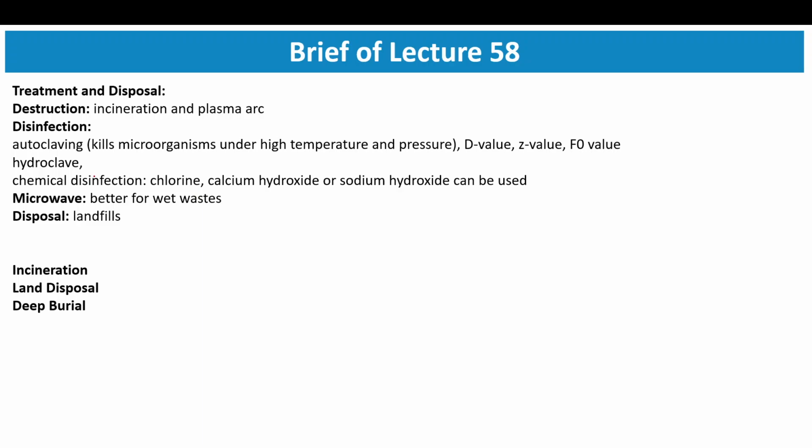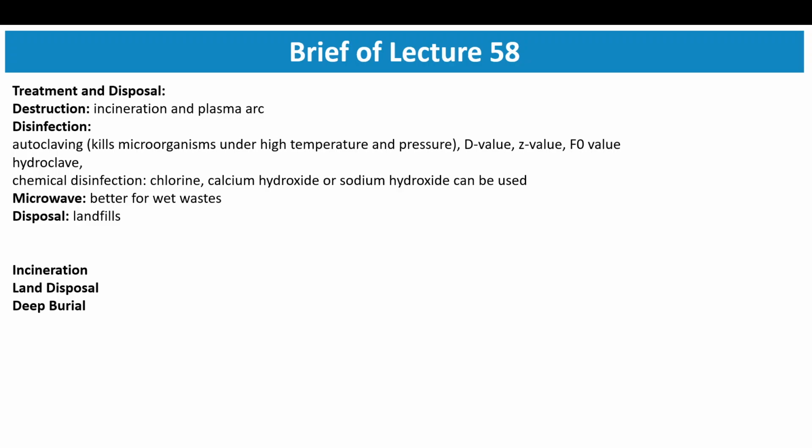Then you can have a hydroclave. When you are using autoclaves, you allow the temperature to rise and pressure to build up, and then you allow it to cool down, and whatever you have autoclaved, you can take out.